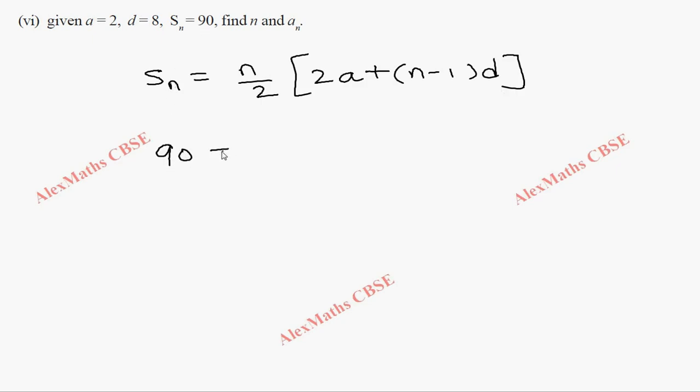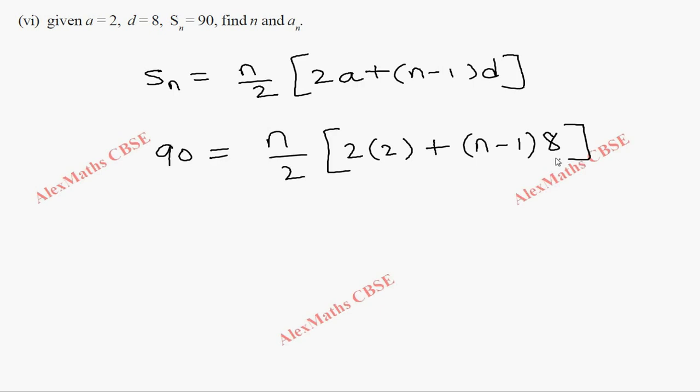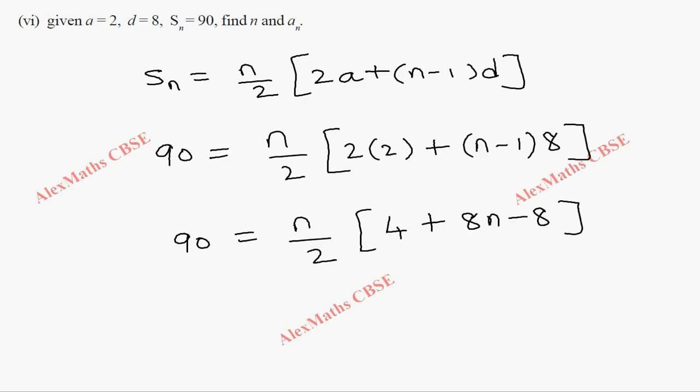We substitute here. We don't know the value of n, so we write n by 2 as it is. 2 into A is 2 plus n minus 1 is written as it is, and the value of D is 8. So this is 90 equal to n by 2, and after multiplication this is 4, and this becomes 8n minus 8 after multiplying 8 with each term.